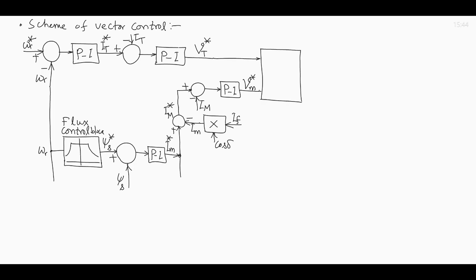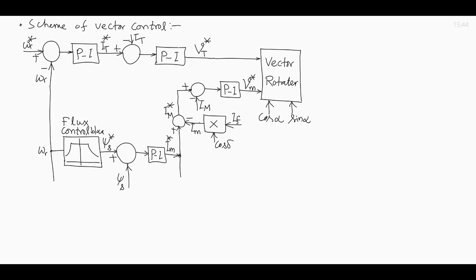So, Vt star and Vm star are the input to the vector rotator, which rotates using the unit vector signal, and the unit vector signal in this case is cos alpha. The components are cos alpha and sin alpha.